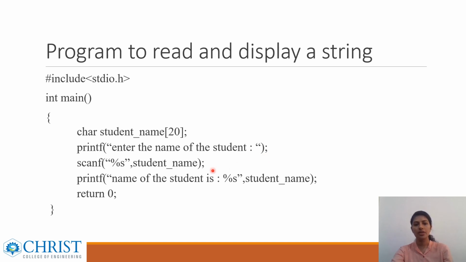In the scanf function we give %s and the variable name studentname, and we are printing the read student name using the printf statement. This is a sample program for reading and displaying a string variable. Both scanf and printf functions use %s as the format specifier for reading and writing string variables.